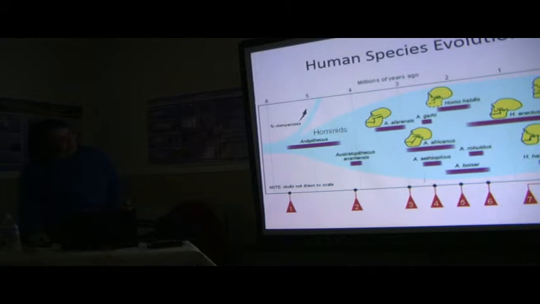If you go up, you will see that 100,000 years ago, human brains reached more or less the current range size.